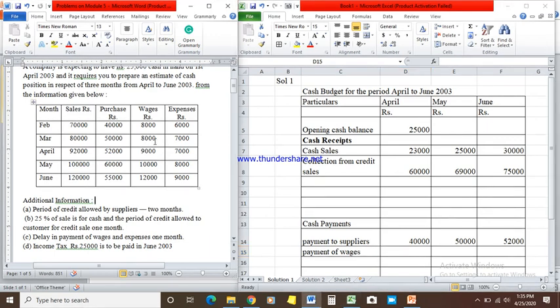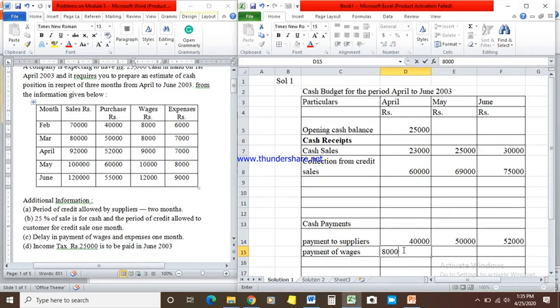So first I'll record March, 8,000 rupees, which will be paid in the month of April. Similarly, April payment is made in May, so 9,000 goes to May. Then May's 10,000 is paid in the month of June. In this way the payment of wages is considered.